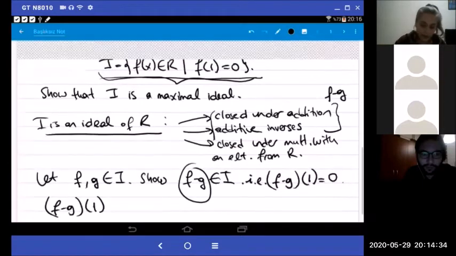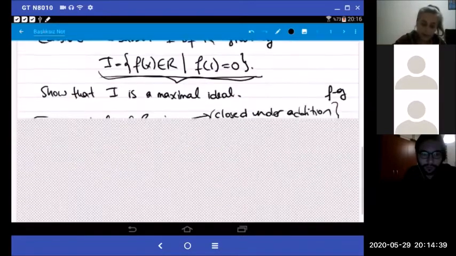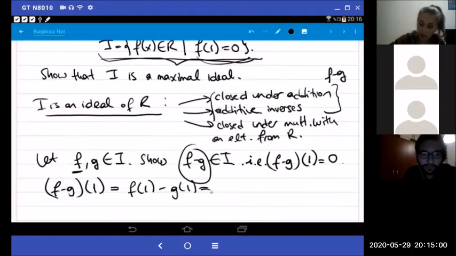And the addition of this ring is just component-wise. You're just adding the function values or multiplying the function values. So f minus g evaluated at 1 is f of 1 minus g of 1. And we know that since f is taken from I, f of 1 is equal to 0.